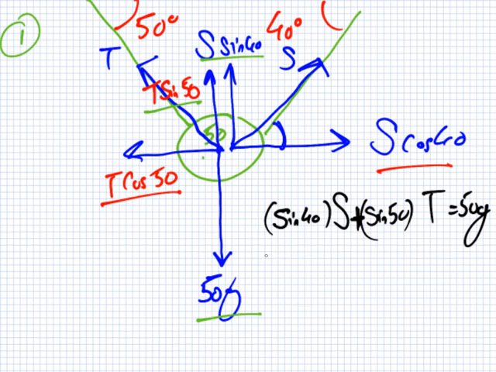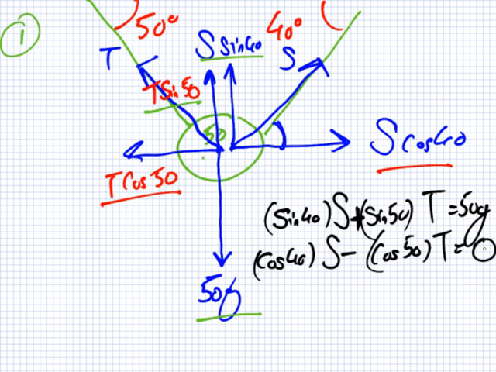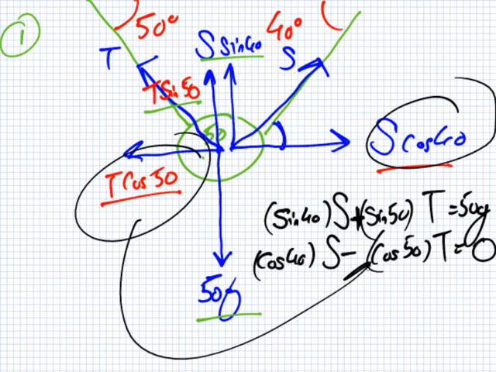So you can have cos 40 S minus cos 50 T equals 0. Basically cos 40 S equals cos 50 T. But the reason I wrote it like this is to make it like two equations. So the cosines are equal: cos 40 S equals cos 50 T.